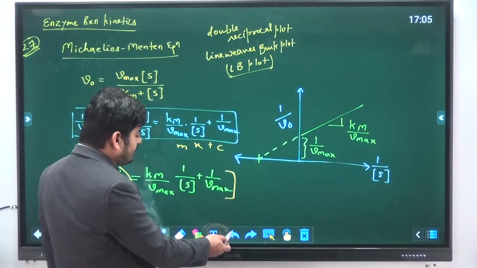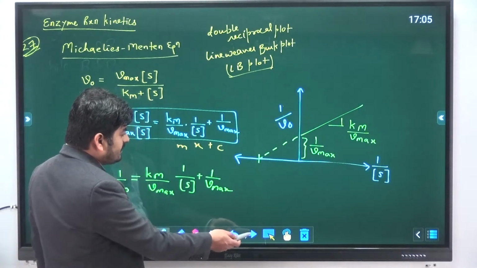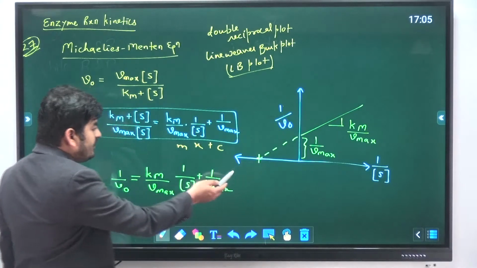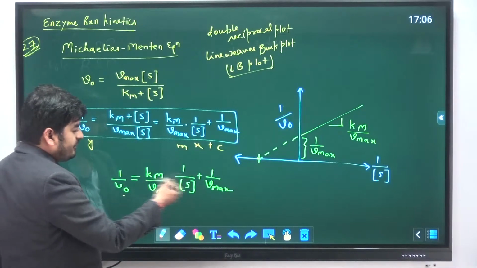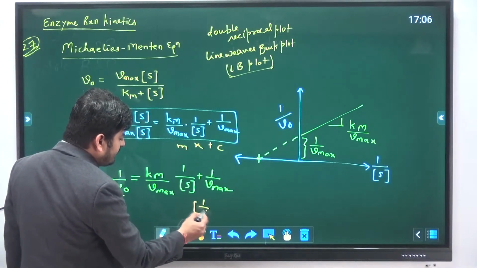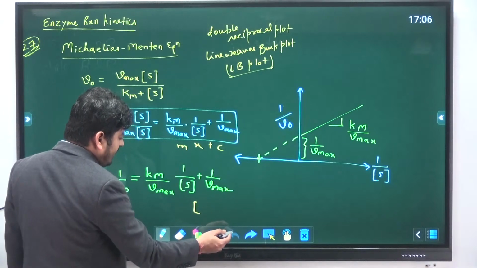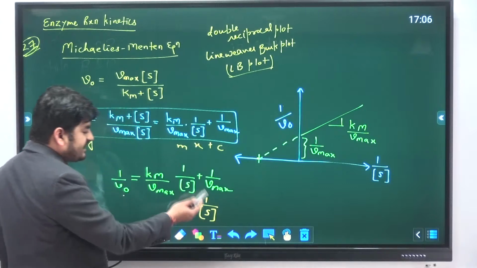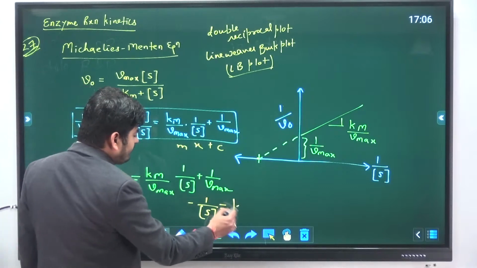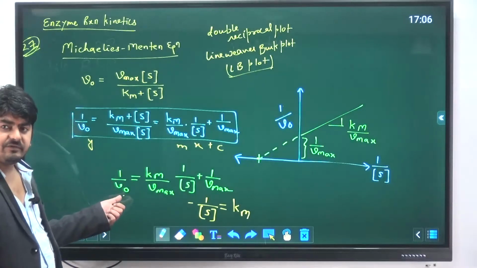Here at this point, 1 upon V naught will become 0. So when you rearrange this, you will get minus 1 upon s equal to Km, because 1 upon V naught will become 0.